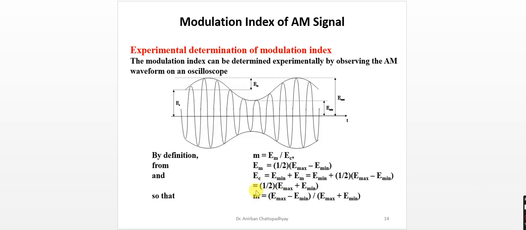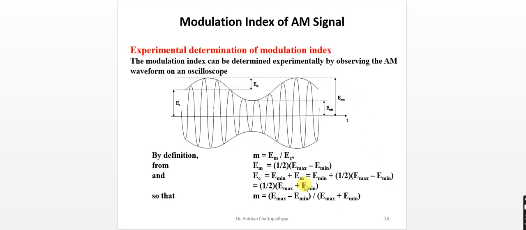Now we know the modulation index formula, that is Em by Ec. Replace Em with half of Emax minus Emin, and replace Ec with half of Emax plus Emin. The halves get cancelled. So modulation index can also be defined as the maximum envelope Emax minus the minimum envelope Emin, divided by the maximum envelope Emax plus the minimum envelope Emin.